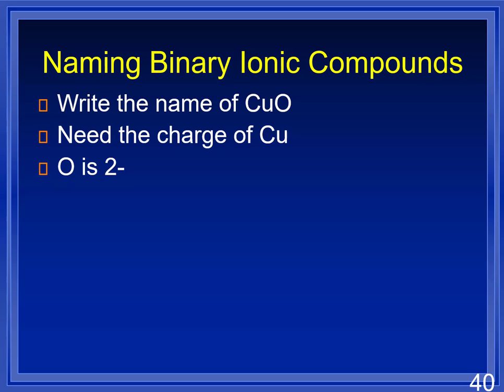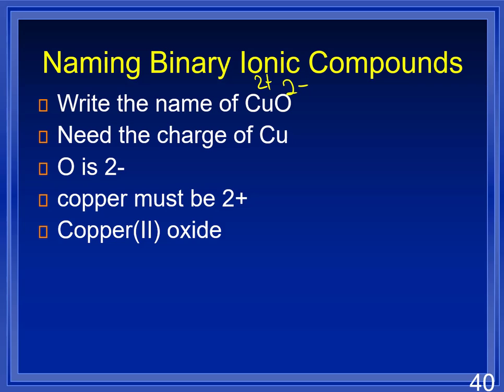So what's the charge on Cu? If O is 2 negative, Cu has to be 2 positive. It's going to add up to 0. So copper has to be 2+. That's the only way it's going to add up to 0. So the charge on copper is 2. So the name of the ion is copper(II). And then the second half is oxygen, but I change that to -ide. So this is copper(II) oxide.